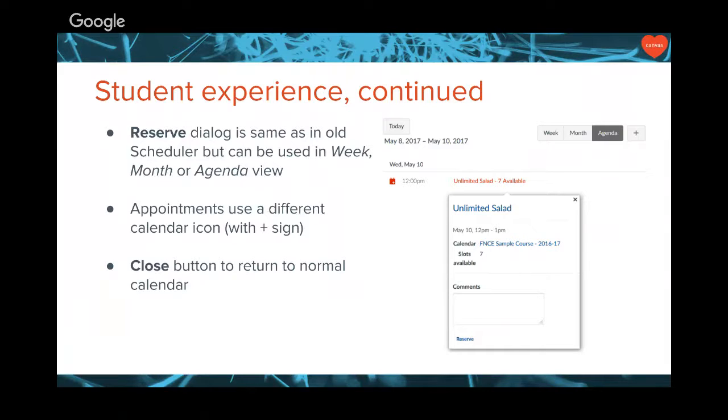That's the only time that those are shown. The goal is for you to reserve the one that you want, then close Find Appointment mode. Then you get back to the normal calendar. You don't see any tentative appointments. You're not confused about, oh, okay, I didn't sign up for that appointment. Why is it showing up in my calendar? Because there's a clear Find Appointment mode that you work in.